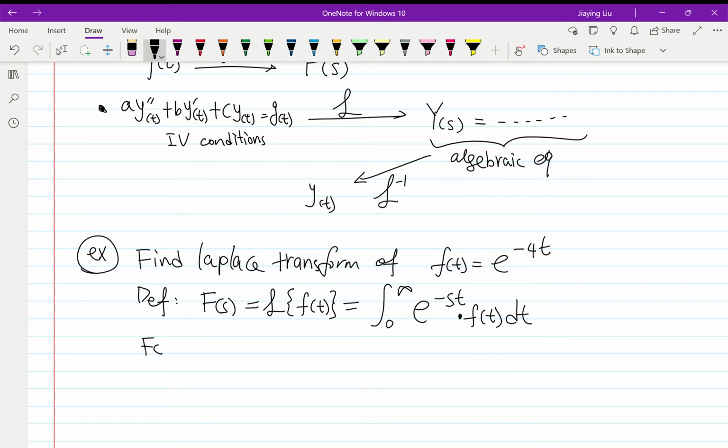F of s is equal to the Laplace transform of e to the negative 4t. I'm just going to take e to the negative 4t as f of t and plug it into this part and keep everything the same. So that's going to be the integral from 0 to infinity of e to the negative st times e to the negative 4t dt.